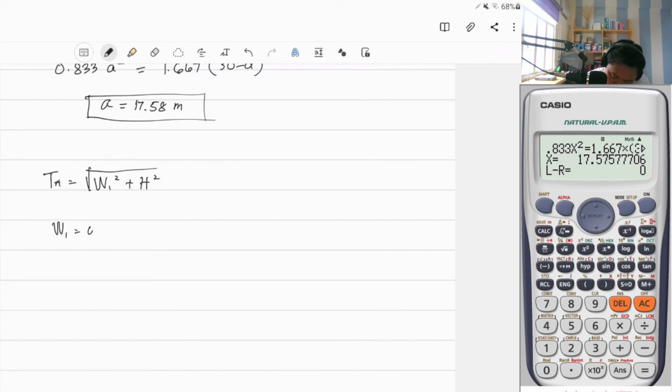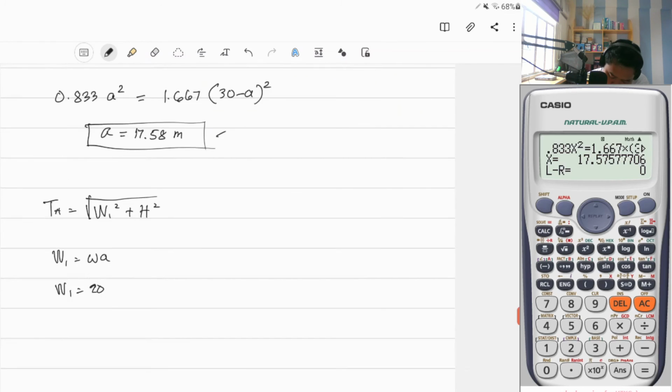This is small w times A. We know the value of A already. So this is W1. This is given, no? This is 20 times 17.58.